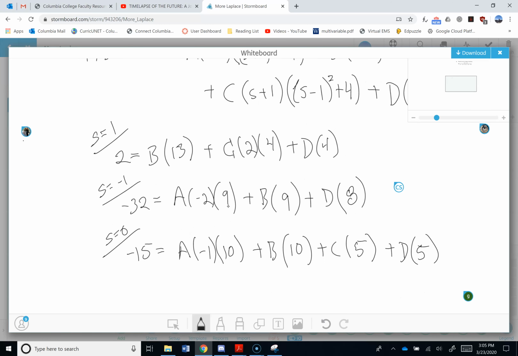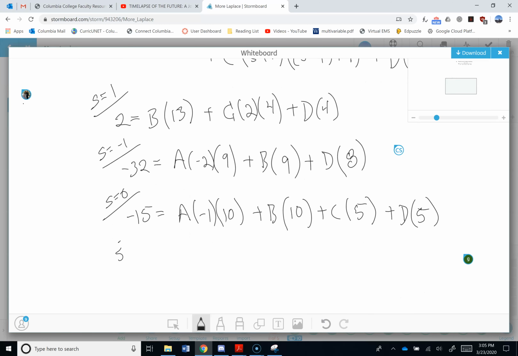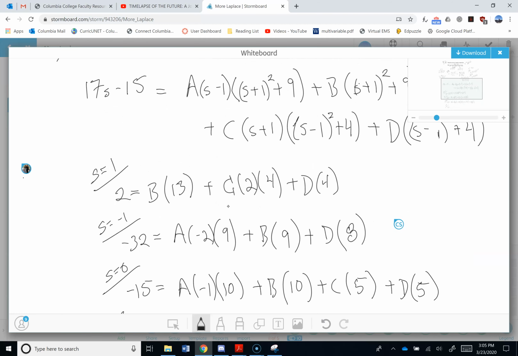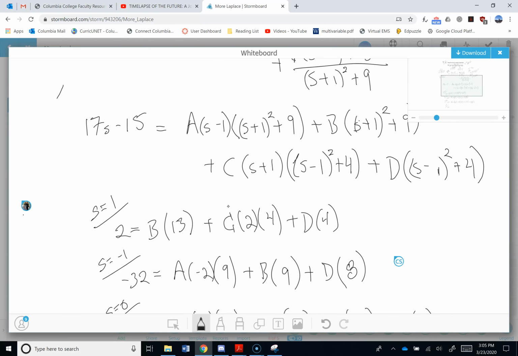The equation for the coefficients of s cubed: there's none on the left-hand side, and on the right-hand side I get 1 from the A term and 1 from the C term, and nothing else. So I have A plus C. Did that thought process make sense?